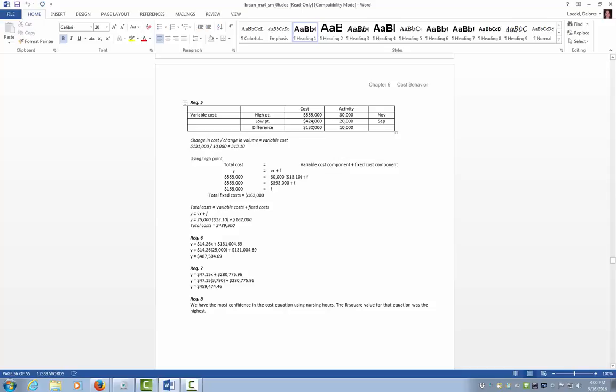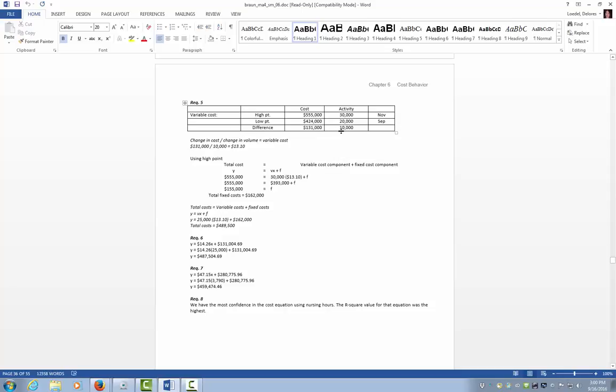That does not necessarily mean that that would be the highest and lowest activity. Typically it would be. In this case it is. But you take that information and put that in here to calculate the difference. So our difference in cost and our difference in activity for the high-low method is shown right here.